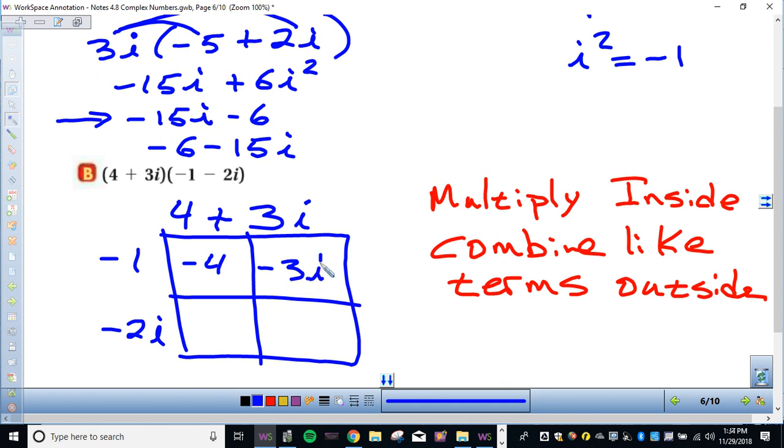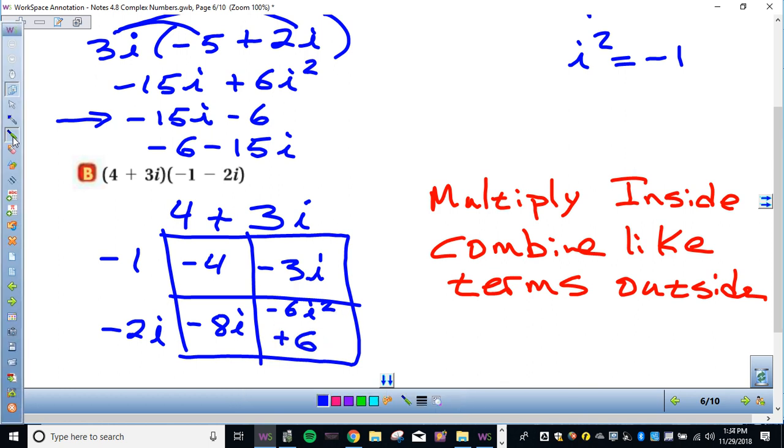Lower left? Negative 8i. Lower right, which is 6. Okay, so I'll show that little intermediate step. Negative 6i squared. Remember, i squared just switches a sign in front, so the negative 6 becomes positive 6. Then I'm going to combine like terms. So real with real, imaginary with imaginary. Remember, real has to come first.